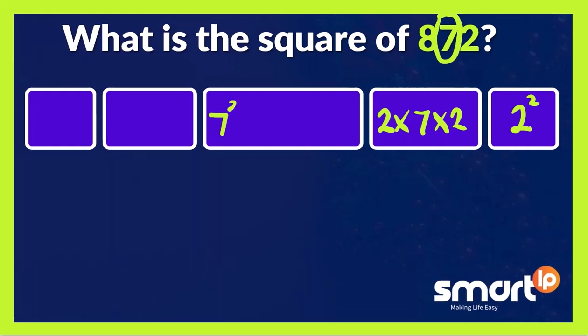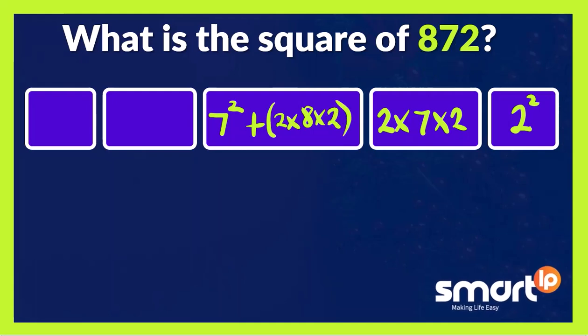So we have 7 square, and write plus, then create an open bracket. Okay, then take the first digit and the last digit and multiply them by 2. This is going into the bracket. So you write 2 multiplied by the first digit times the third digit or the last digit.